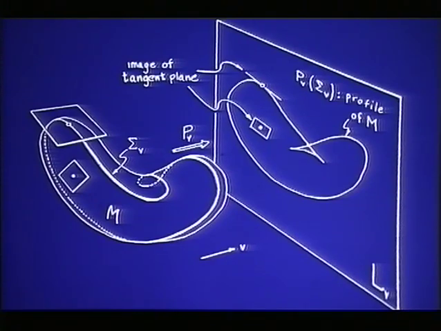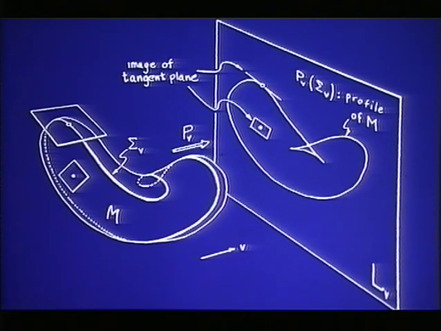Well, the interesting thing from the point of view of this lecture about these outlines is that they can actually give information about the shape of the object. And let's just look at the thing a little bit more mathematically. So on this slide we have a sort of kidney bean shaped object on the left, and on the right is its outline as it would appear if you were looking at it in the direction of that vector v, which is near the bottom of the picture.